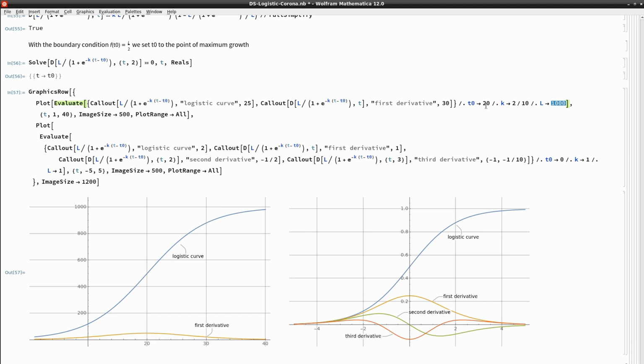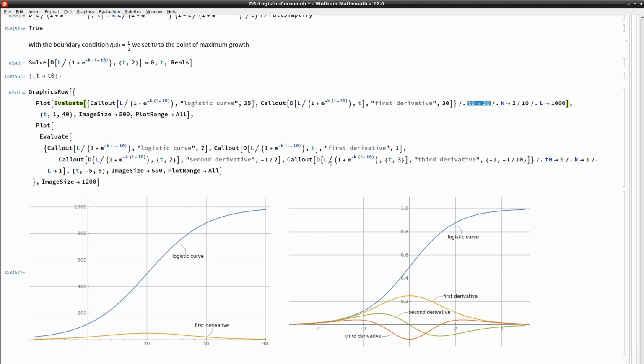That's our t0, right? As we just discovered, this is the maximum growth. And it's here where we have an inflection point on the blue curve, right? From a fast rise, we're changing over to a slower rise. So the inflection point here is where the first derivative has a maximum.